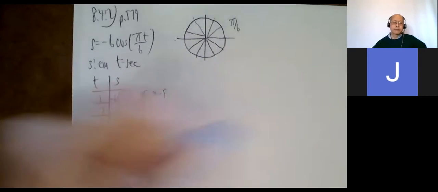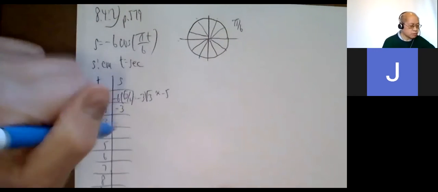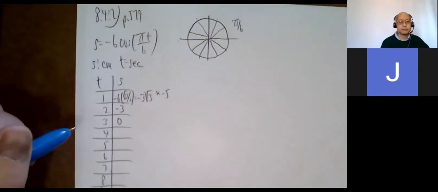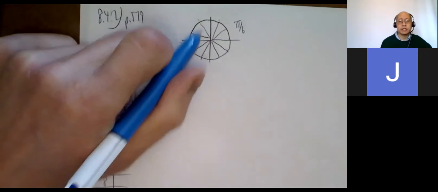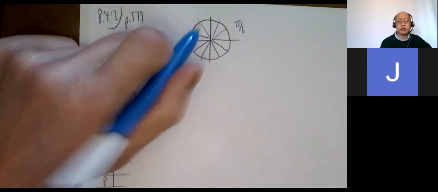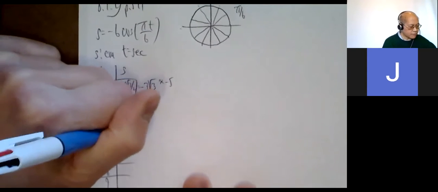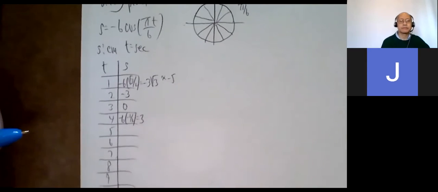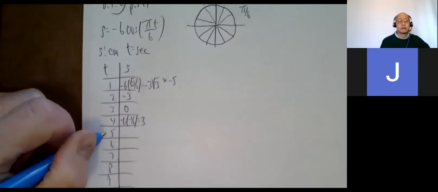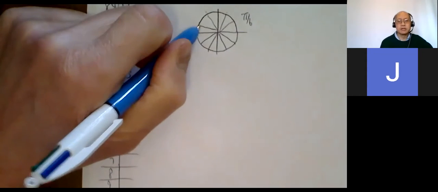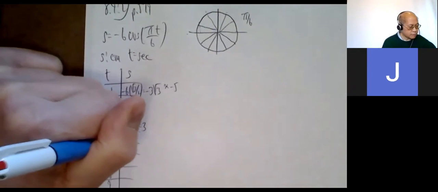Plug in 3. Cosine of 3 pi over 6, that's pi over 2. X coordinate is 0. 4 pi over 6, 2 pi over 3. X coordinate is -1/2. So -6 times -1/2 is +3. 5 pi over 6 is going to be negative radical 3 over 2.